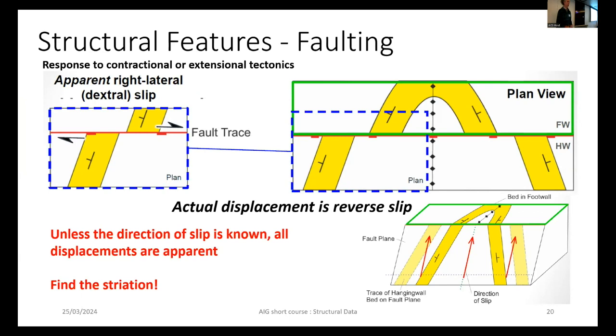So actually, this is just a reverse fault, right? So the take-home message there is that offset marker units can be useful in figuring out whether a fault is reverse, dextral, sinistral, or normal, but you have to look for lineations, for the striations on your fault plane, to be able to see what the direction of your movement was.